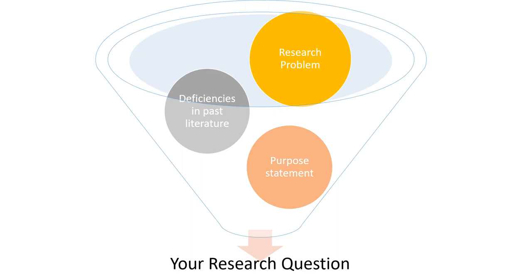After we have that, we're going to move on to deficiencies or limitations in the past literature, so the published studies about this topic, and then moving into our own purpose statement, and then funneling down to your specific research question. So we're going to take each of these parts individually.